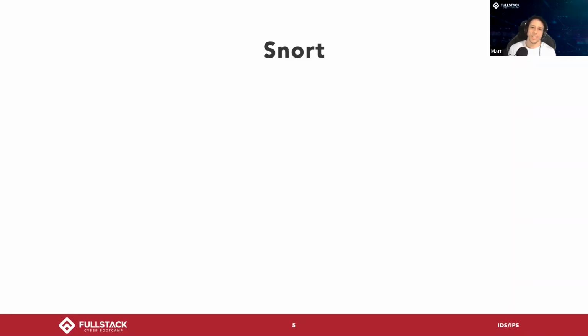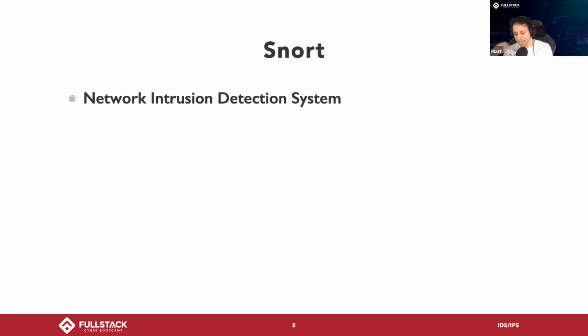Okay. So we have an idea of where these systems are now and what they do. Let's get a little bit more specific with Snort. So again, Snort's an IDS system. It's going to detect for intrusions on a network, right? It's open source, which is fantastic. We love open source. It's widely used because it's open source and free to use. It comes bundled with a whole bunch of security suites, and it comes with a whole bunch of rules for free.